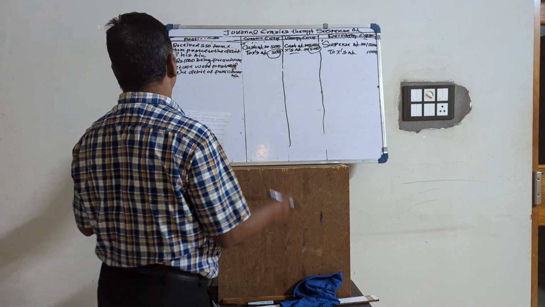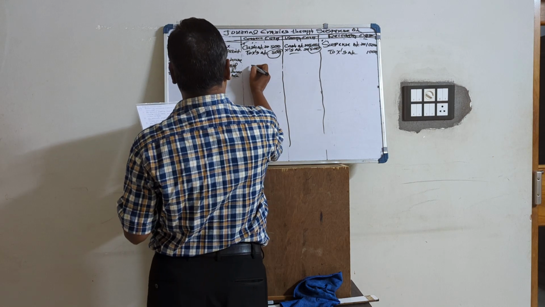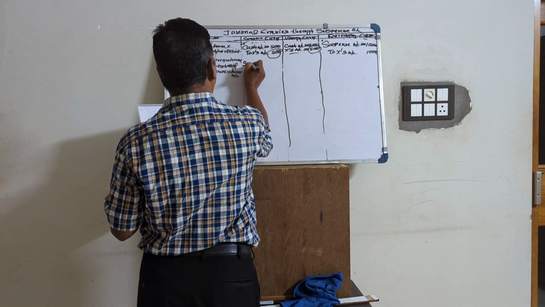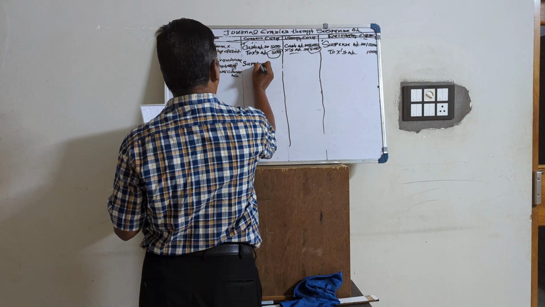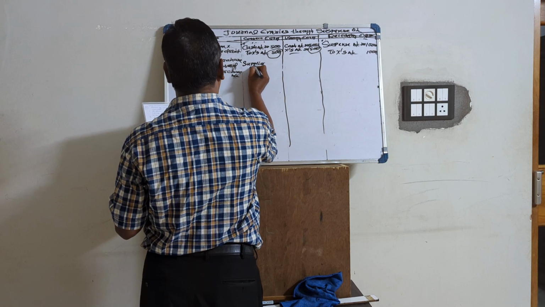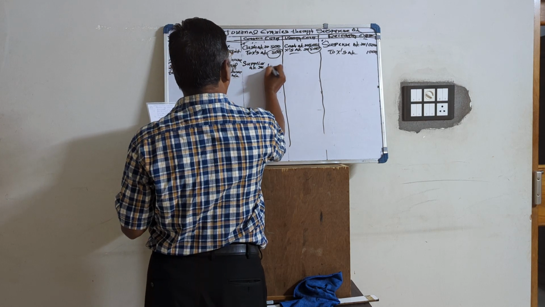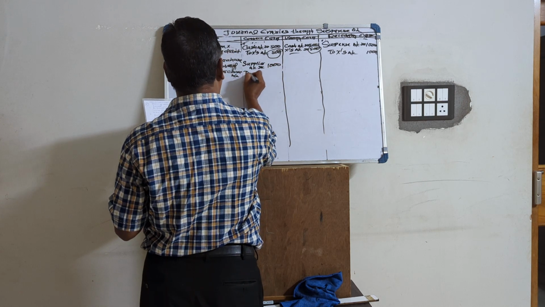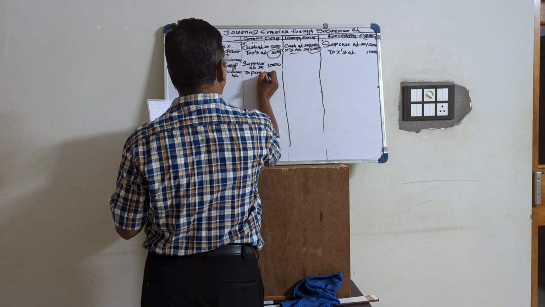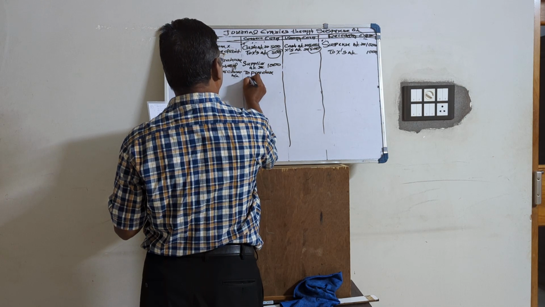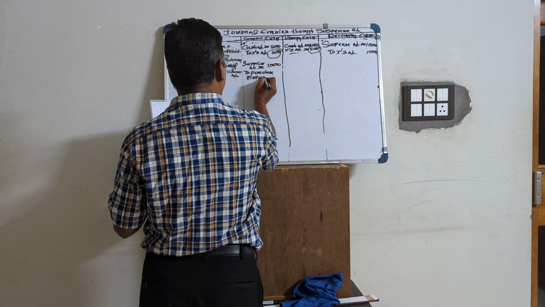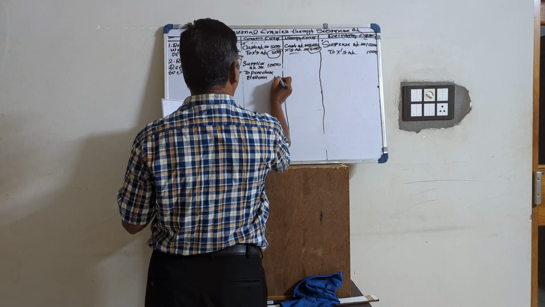So when goods are returned, we debit the supplier account. Supplier account debited 1000, to purchase return or return outward, 1000.